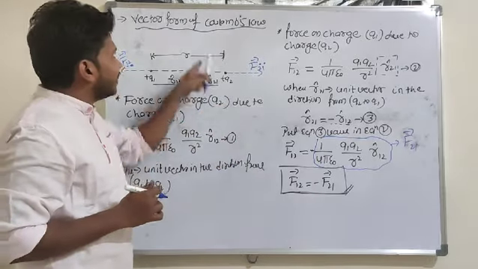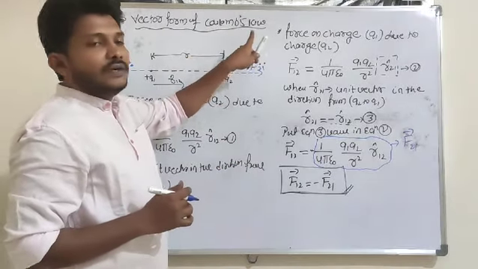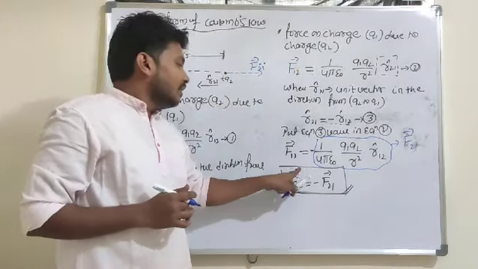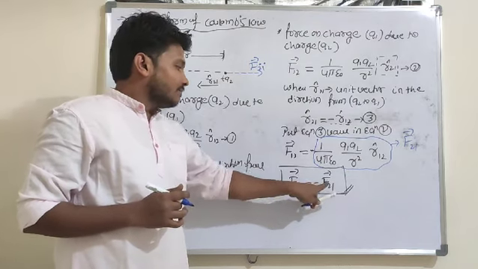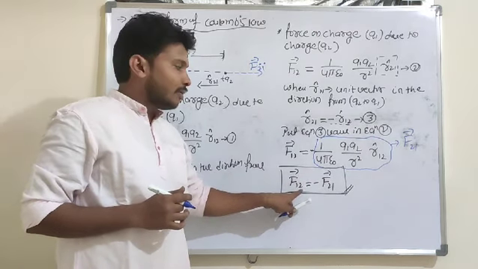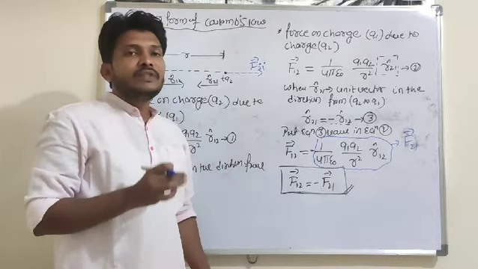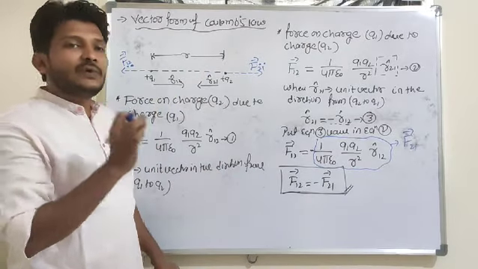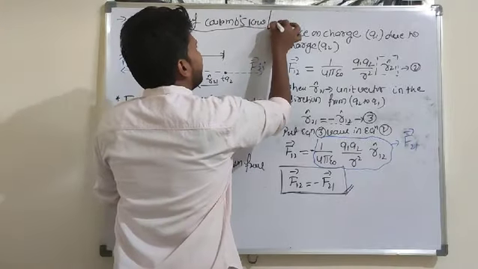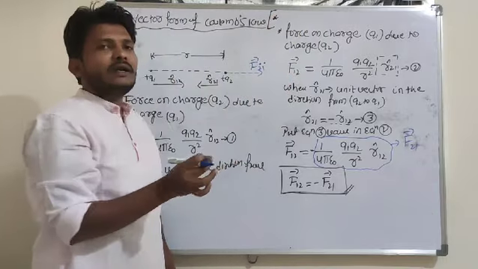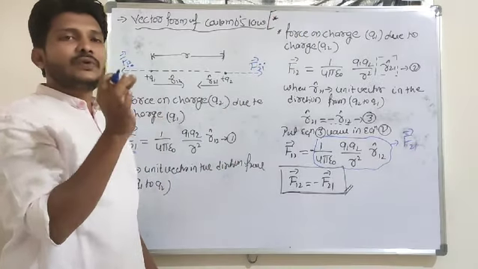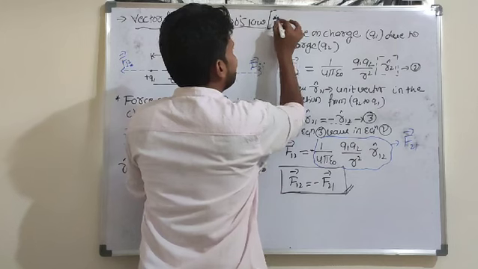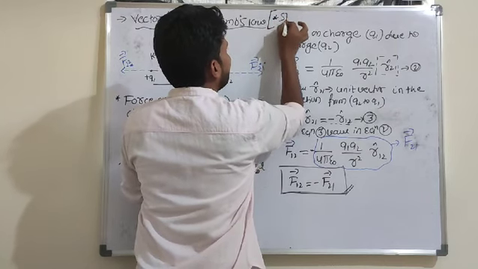If you write the vector form of Coulomb's law, it gives that information. From the vector form of Coulomb's law, we come to know that Coulomb's law obeys Newton's third law. So they may ask a question like, show that Coulomb's law obeys Newton's third law. In the examination they may ask like so.